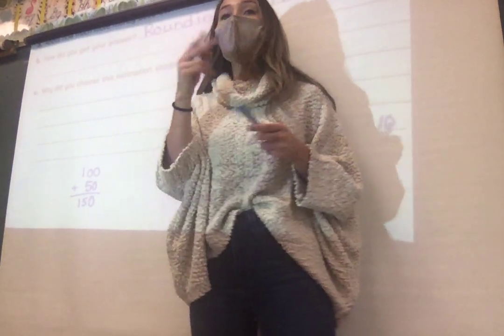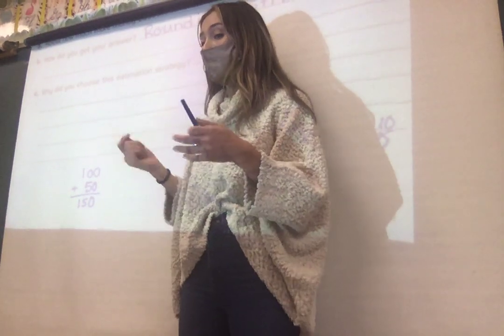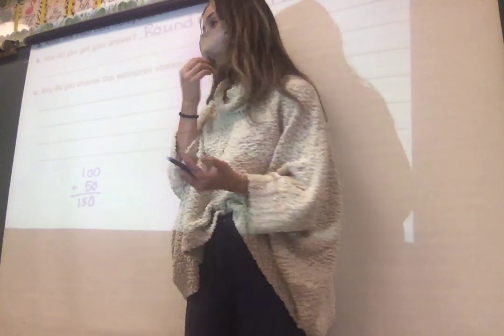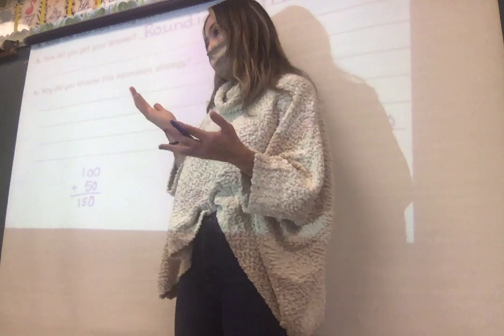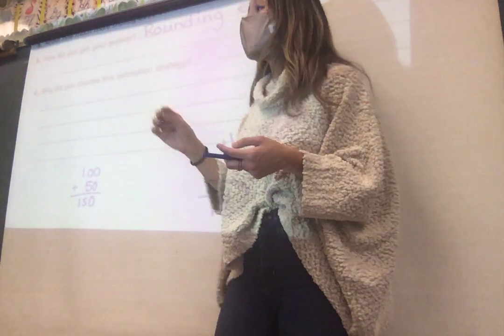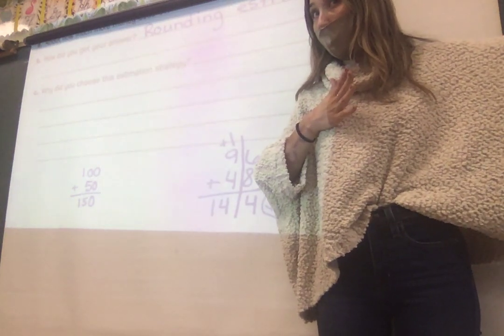To choose a number that is close to, you find a number that's easy to work with. A number that's easy to work with would be a number that ends with a 0 or with a 5, right? Because that's how it's really easy for us to do mental math that way. And the last one is what, Miss Avery? Front end, where you take the first number, you keep it the same, and the rest of the numbers become a? 0.